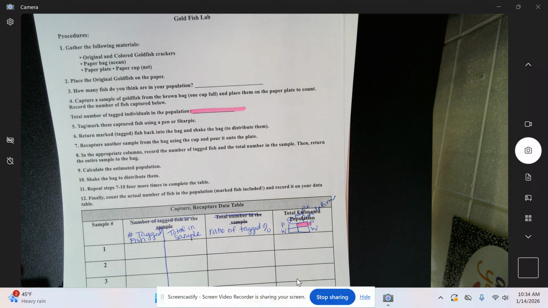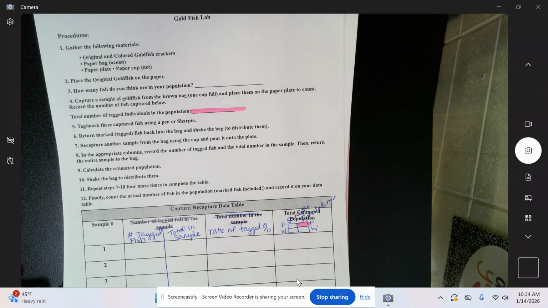Now what you're going to do is you're going to take your little cup that represents a fishing net. And don't look, that's cheating, because you can't look into the ocean and see what you're catching. You're going to scoop out one full-size cup of goldfish, and you're going to lay it out on your paper.